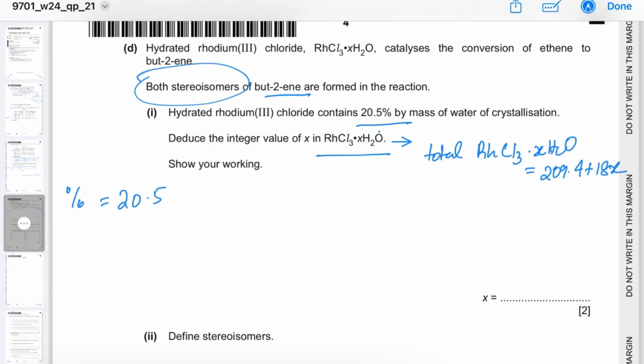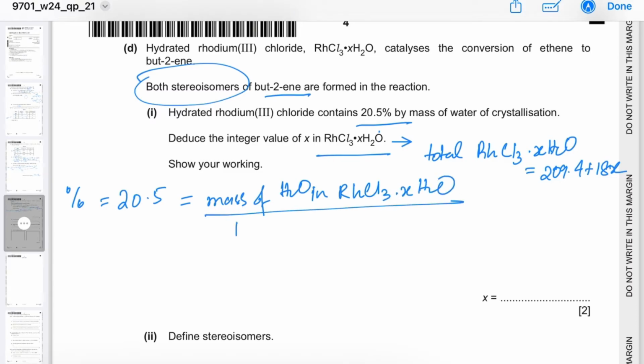and the percentage of water in this salt is 20.5. The percentage of water can be calculated by dividing the mass of water in the hydrated salt, divided by total mass of the hydrated salt, multiplied by 100.